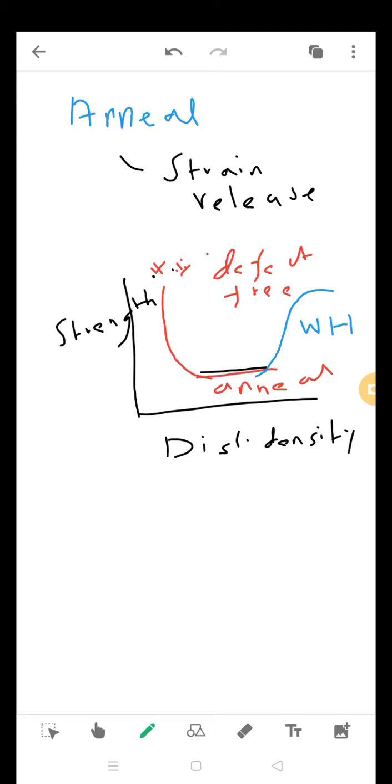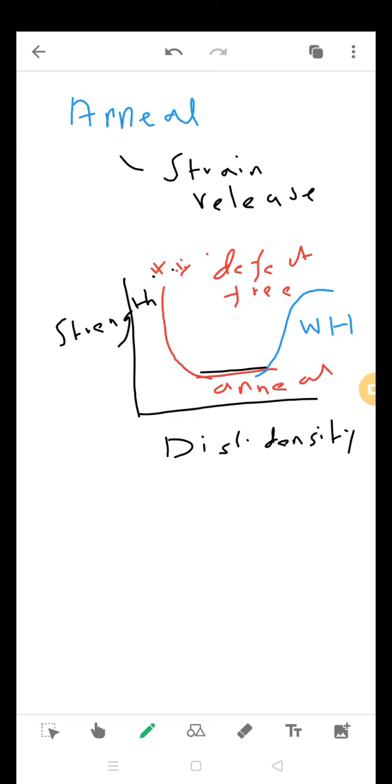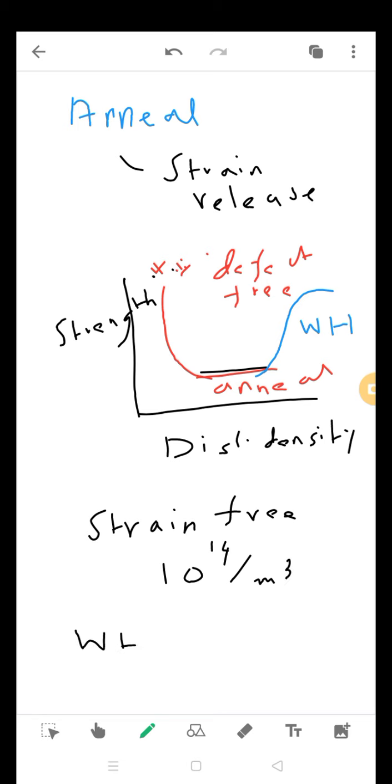Now, considering the density, for a strain-free crystal, the dislocation density is 10 to the power 14 per meter cube, whereas work hardened crystals have a dislocation density of 10 to the power 16 to 17 per meter cube.